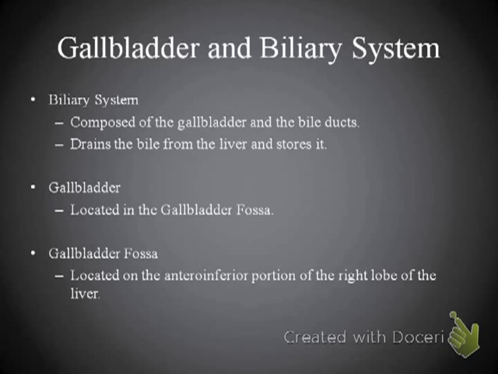If we look at this word anterior-inferior, meaning anterior and inferior, basically what this means is that it's located on the anterior portion of the patient, on the inferior side of the liver, or underneath the liver. And hopefully that makes a little more sense to you, but it's also located on the right lobe of the liver.